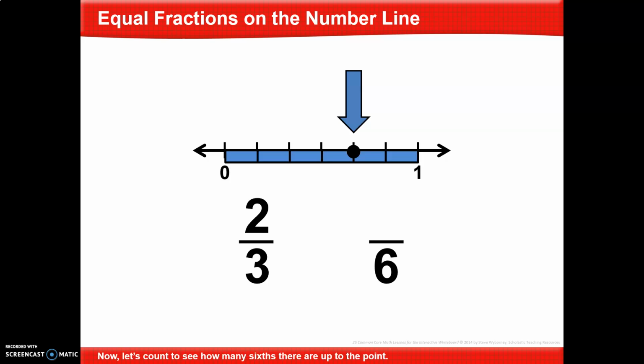Now let's count to see how many sixths there are up to the point. 1, 2, 3, 4. The point represents 4/6. So 2/3 is equal to 4/6. They mean the same thing.